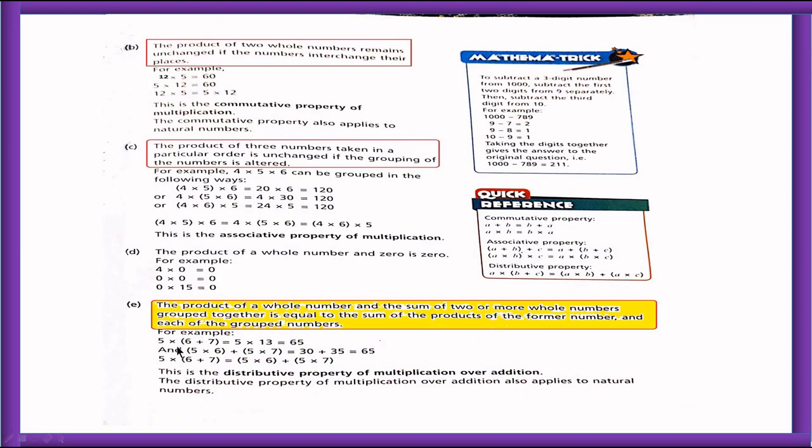If we multiply in a different order, 5 multiplied by 6 plus 5 multiplied by 7, the result will also be 65. This is the distributive property of multiplication over addition. It also applies to natural numbers.